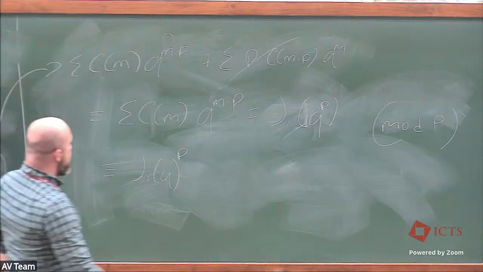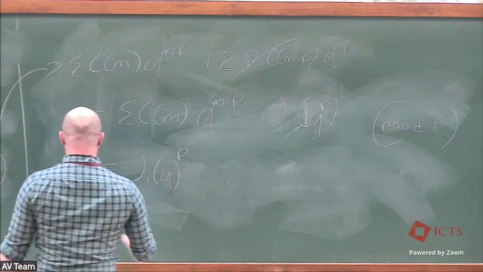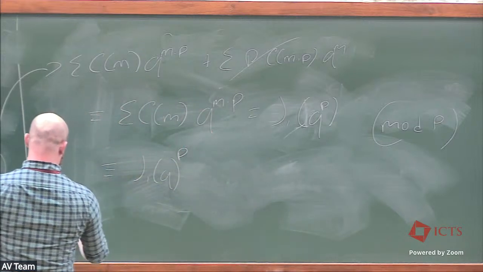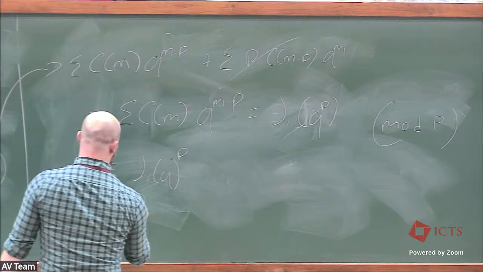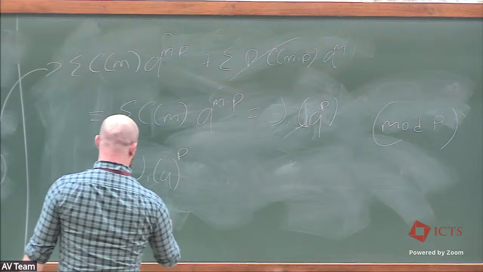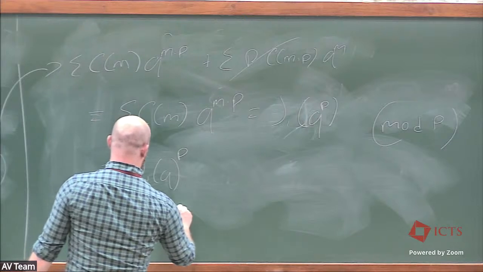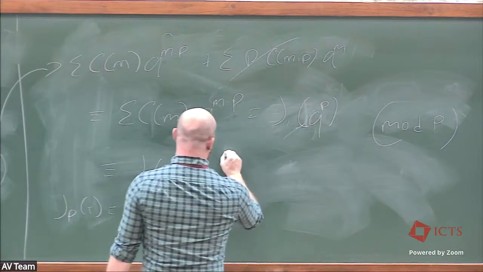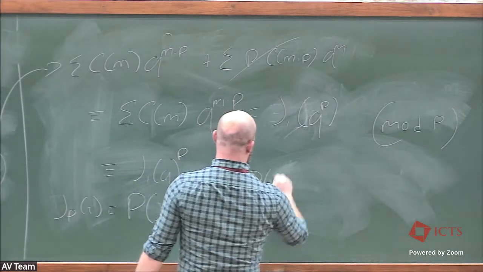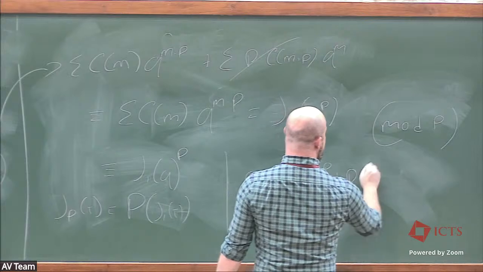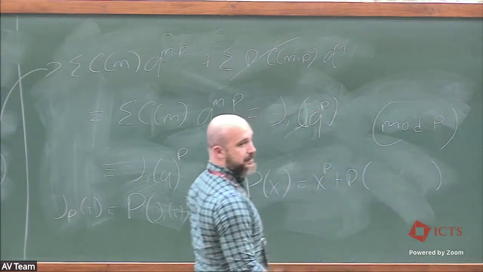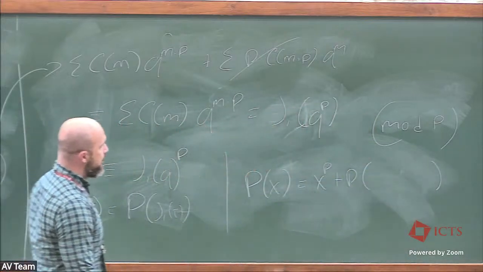So if I write j_p of tau equal to some polynomial of j_1 of tau, then I know that this polynomial of x is going to look like x to the p plus p times some other terms, everything else here.